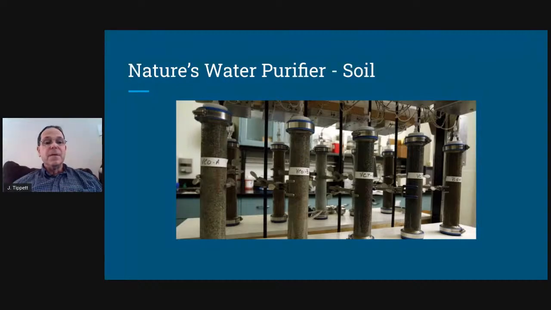You can pass polluted water through a soil column, which is what they're doing here in this laboratory, and a lot of those pollutants get removed and broken down, because it's not just a physical filter, it's a biological filter as well, because soil is full of microbes. Literally billions of microbes in a teaspoon of soil. And a lot of them munch down on pollutants, right? They can eat things like oil and all kinds of nasty chemicals.